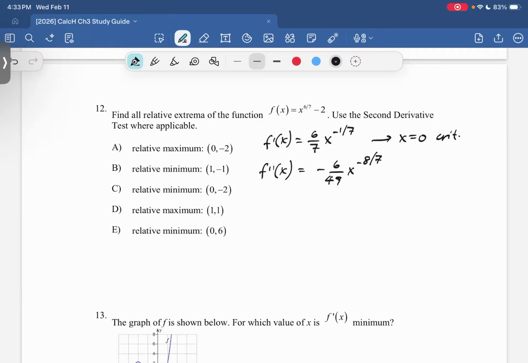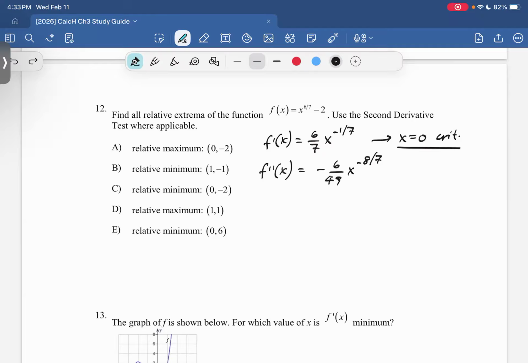Sorry, I misspoke. X equals 0 is a critical number, but the derivative is not defined there, actually. So 0 to the negative 1/7 is actually undefined. However, the second derivative is also undefined, and so this is actually not going to work.